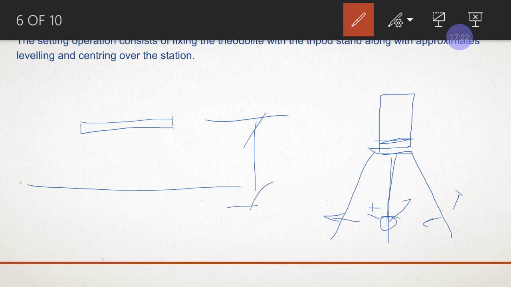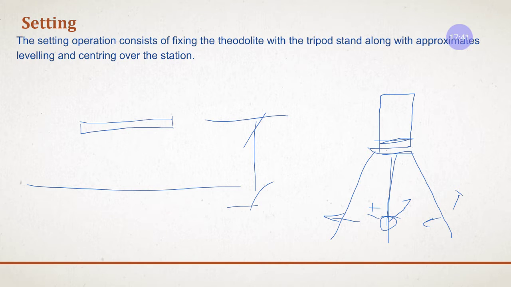Bring it over the station point such that it is nearer to the center of it, right? Next temporary adjustment is centering, where you will understand how exact centering is done. Here you're just going to set it up properly, level it and center it approximately.